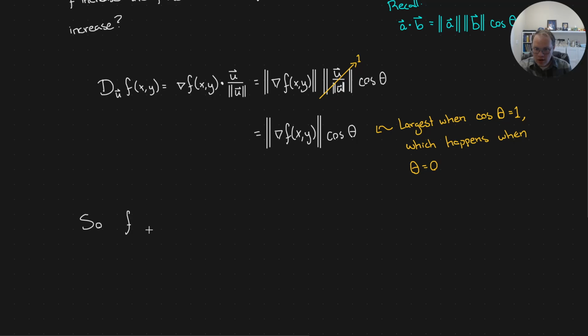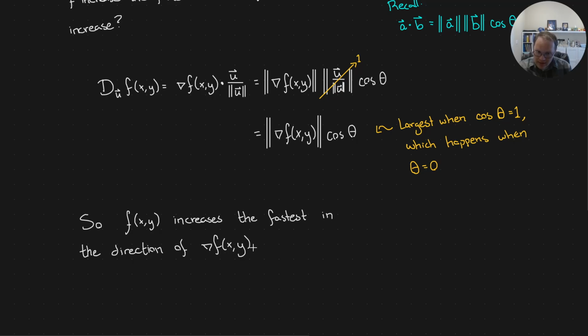So function f increases the fastest at any particular point in the direction of the gradient at that point.